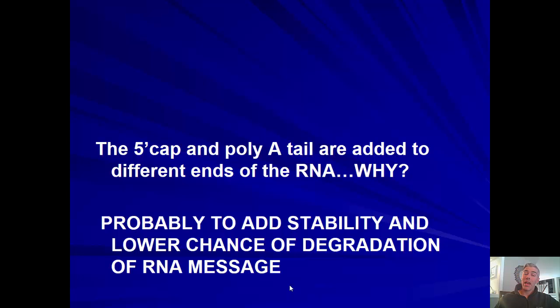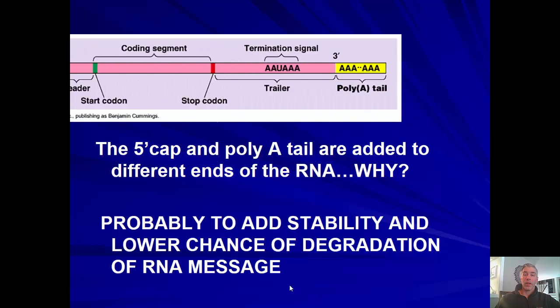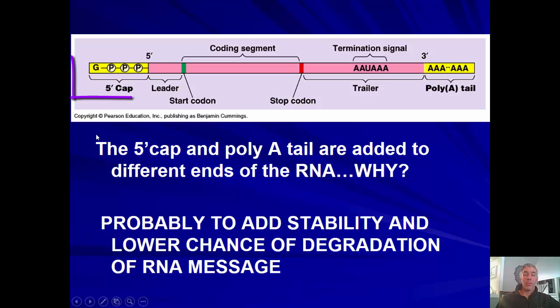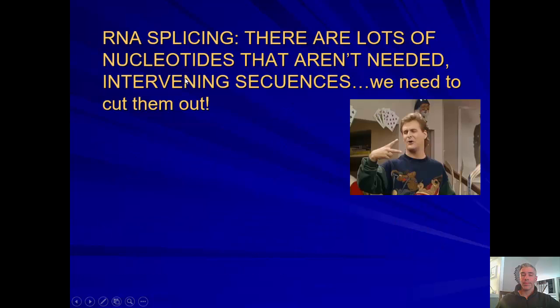So the 5' cap and poly A tail are added to different ends because they'll add stability and lower the chance of degradation of the message. Okay, you want to know that. It's something that could be assessed on the AP Bio exam. Here's showing you the 5' cap, the poly A tail, and then the coding segment. This is what actually is read to make a protein out of. That is like the recipe.